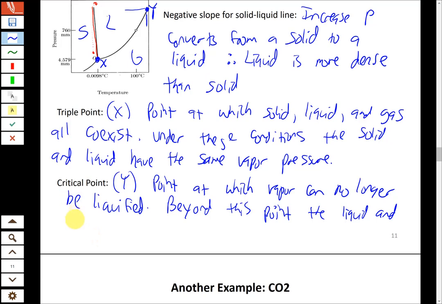I'll call it gas phases just to be more consistent with the diagram. But anyway, the liquid and gas phases beyond the critical point are indistinguishable.